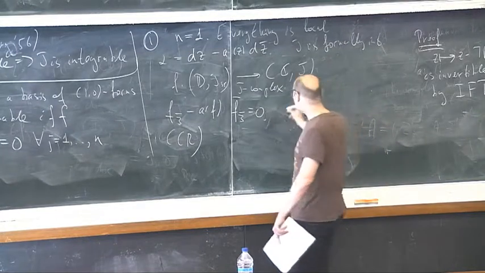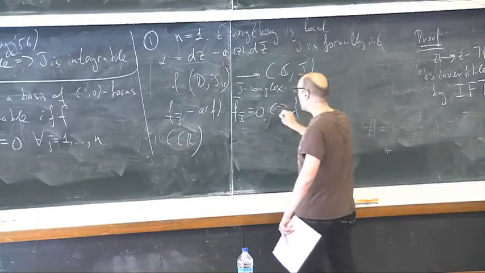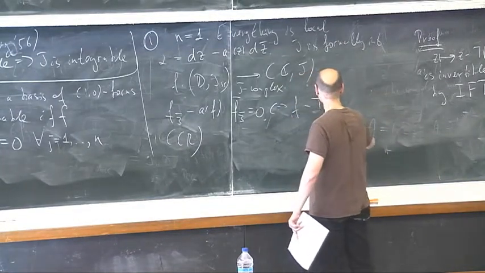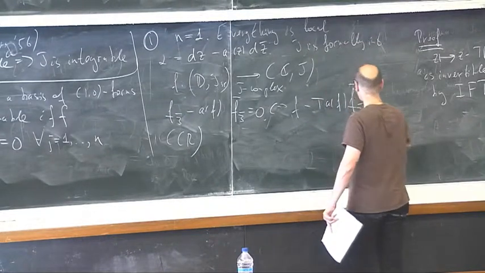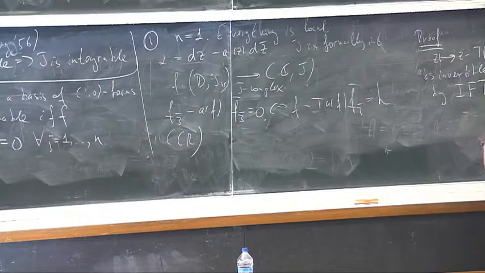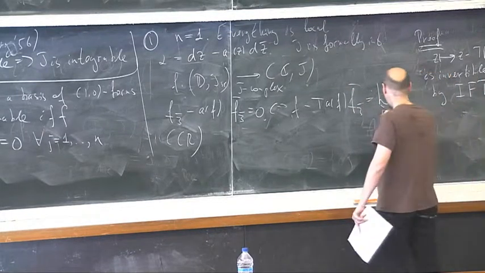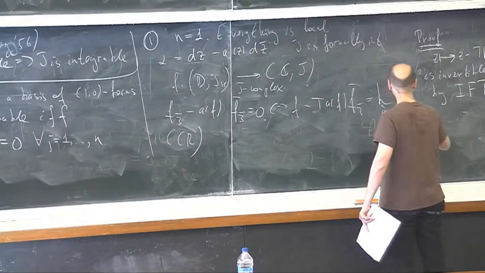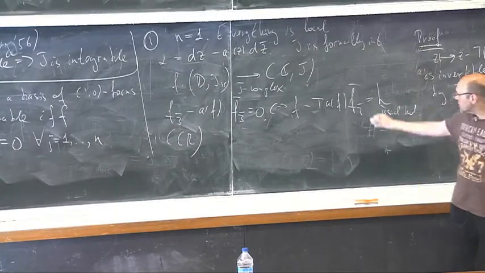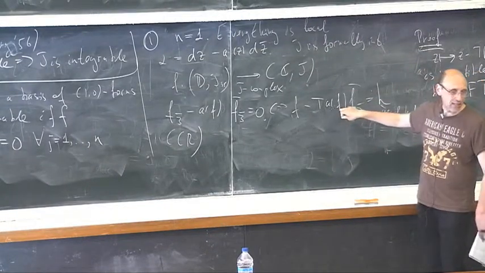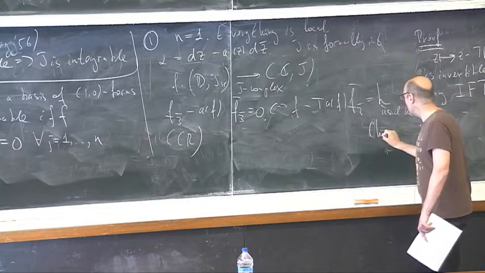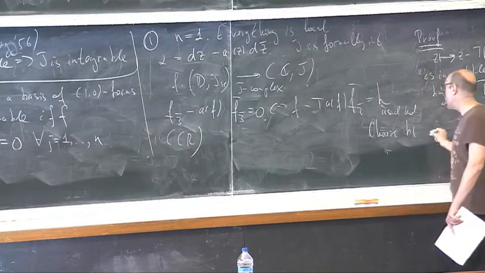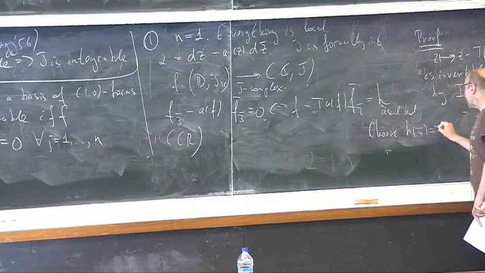So I replace this by this equation, equal to H, where H is a usual holomorphic function. And this is an invertible operator because A is very small. And for instance, as H, I take, so choose H of zeta is equal to zeta.